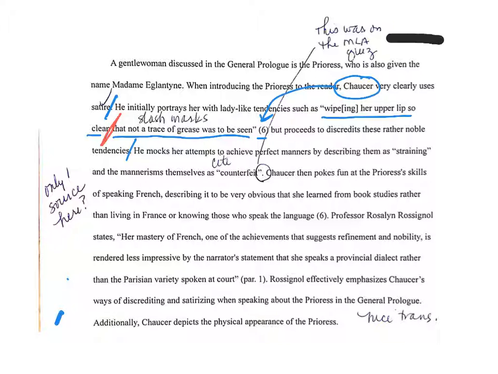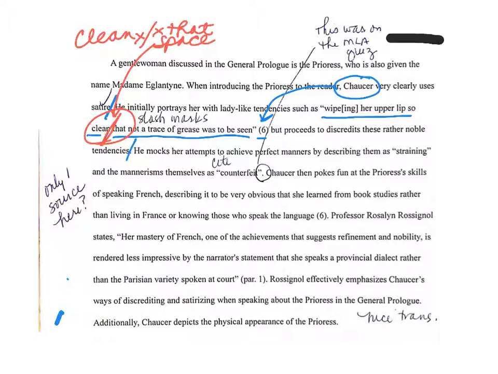Now in this case, what you want to have is space marks on either side of that slash. So you would have the word, let's say, clean, then you'd have a space, then a slash, then a space, then you would have the word that. And all of that would be right here in this section.